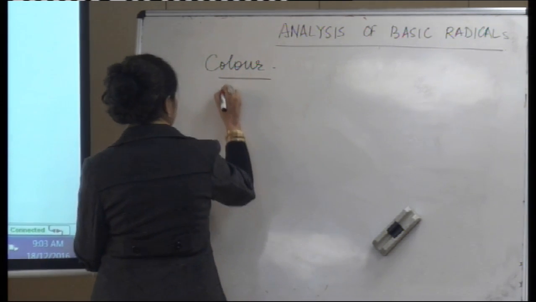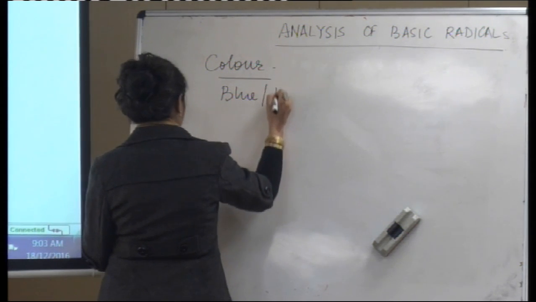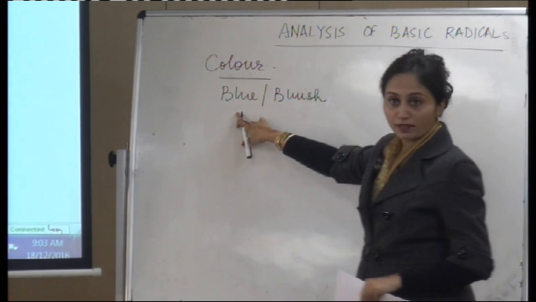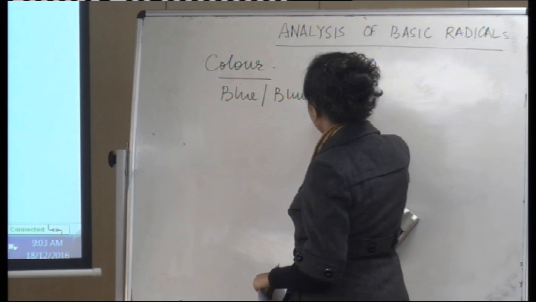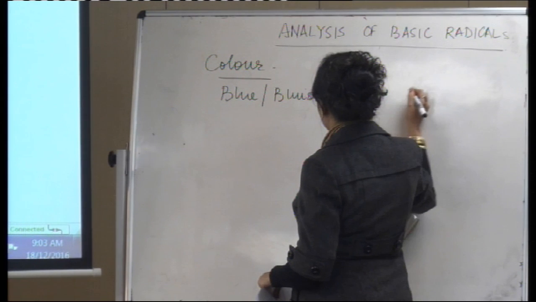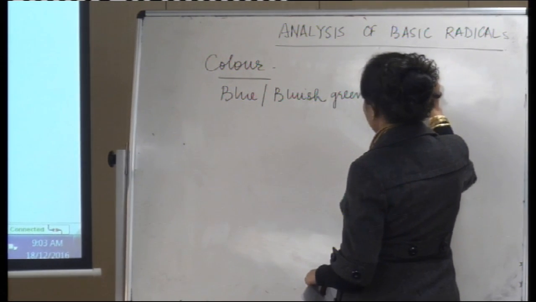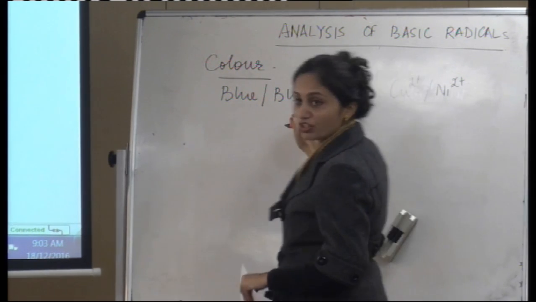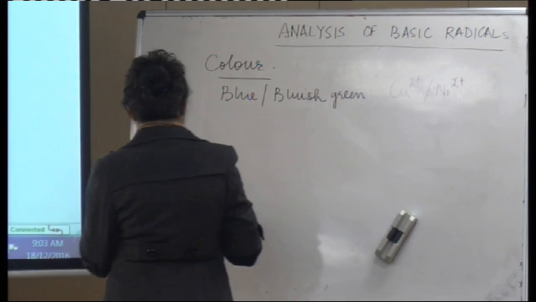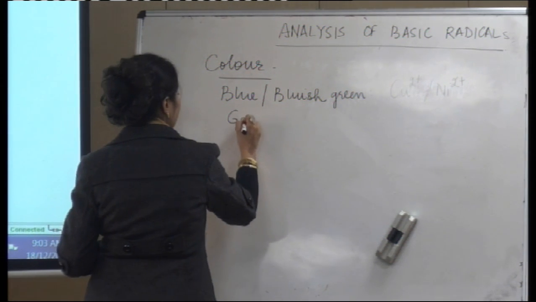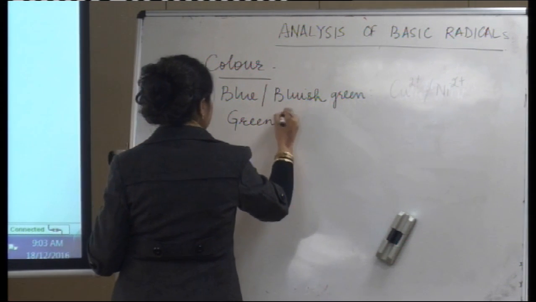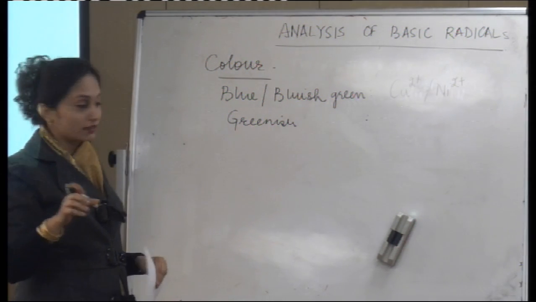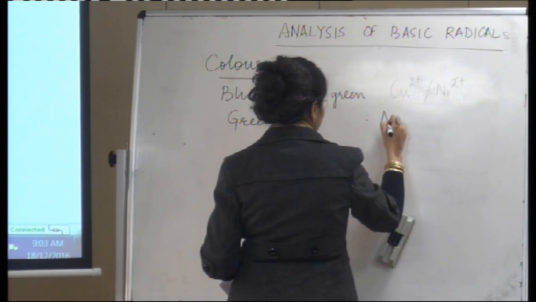If you have a blue or a bluish green color, if it is blue, then definitely it's copper, and if it is bluish green, then it may be nickel as well. You have Cu2 plus if it is blue, and Ni2 plus if it has a little bluish greenish tinge. If you have absolutely a greenish tinge, then there's a particular color for nickel, and that will be for Ni2 plus.